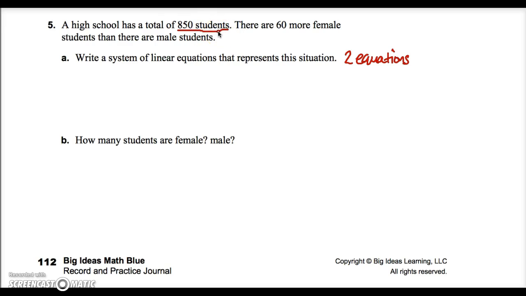And you guys know to get the total, you would just have to add the number of females and the number of males. So for my variables, I'm going to use an F for female and an M for male. So we would have to take the number of females plus the number of males, and that would have to equal the total number of students at that high school, 850. For our other equation, we're going to use this other piece of information.